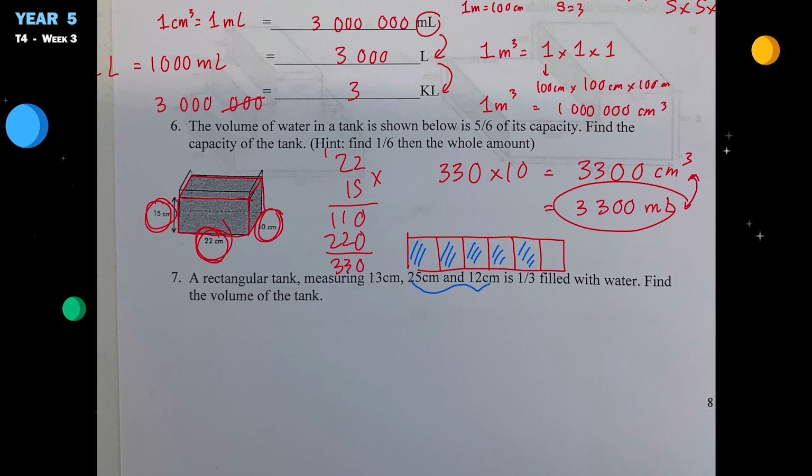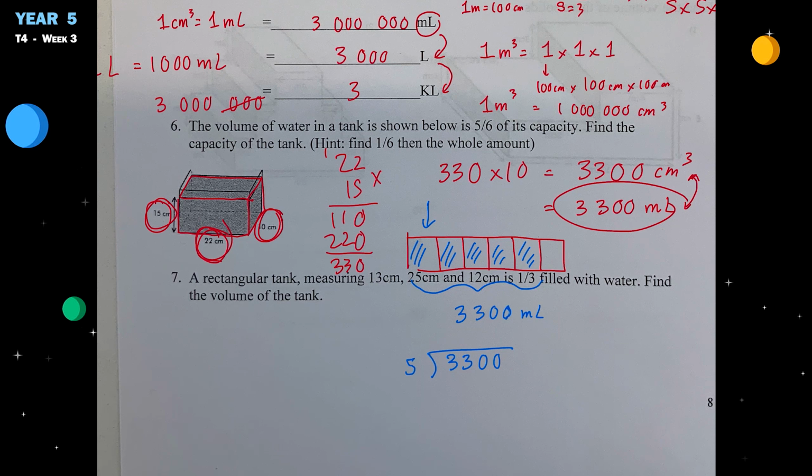So 5 out of 6 pieces is equal to 3,300 milliliters. Okay, it says find the capacity, find how much when it's full. So what we're going to do is take 3,300 divided into 5 pieces. We want to know how much is in one piece, so divided by 5, let me do that long division.